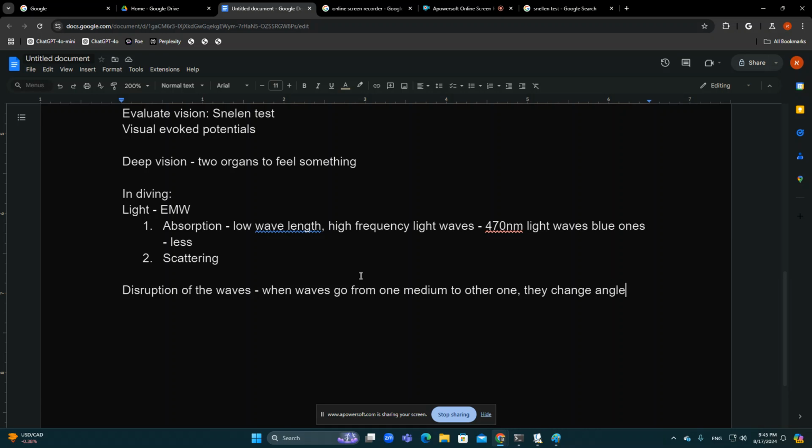So what happens if you have sea on one side and on the other side you have air? Think about a diver. On one side there is the sea or water, and he has his glasses, and inside the glasses there is air. So in between, the light should change direction.